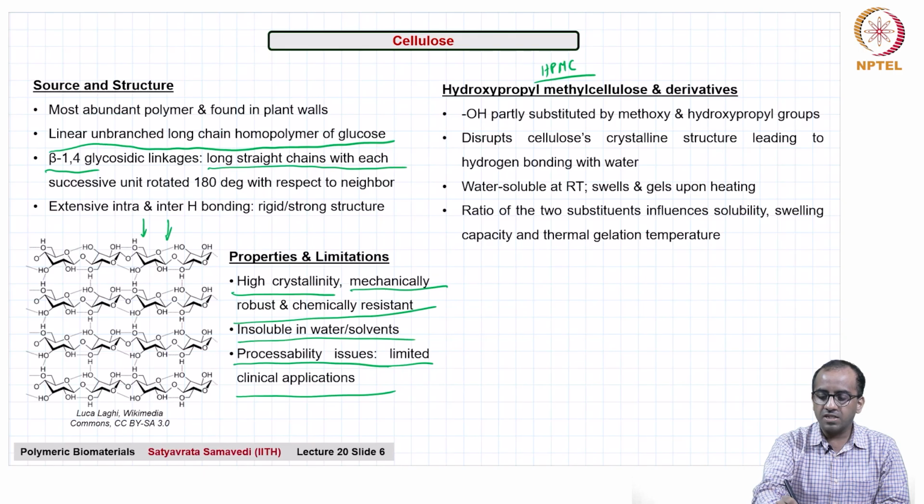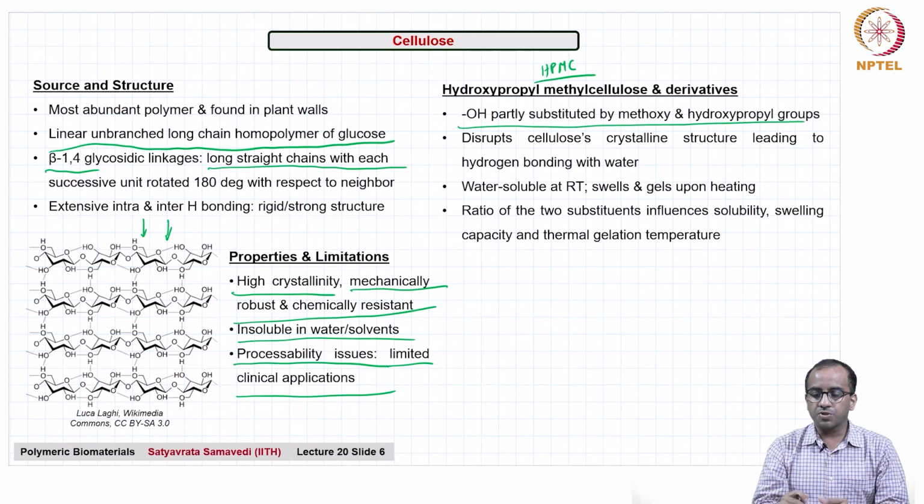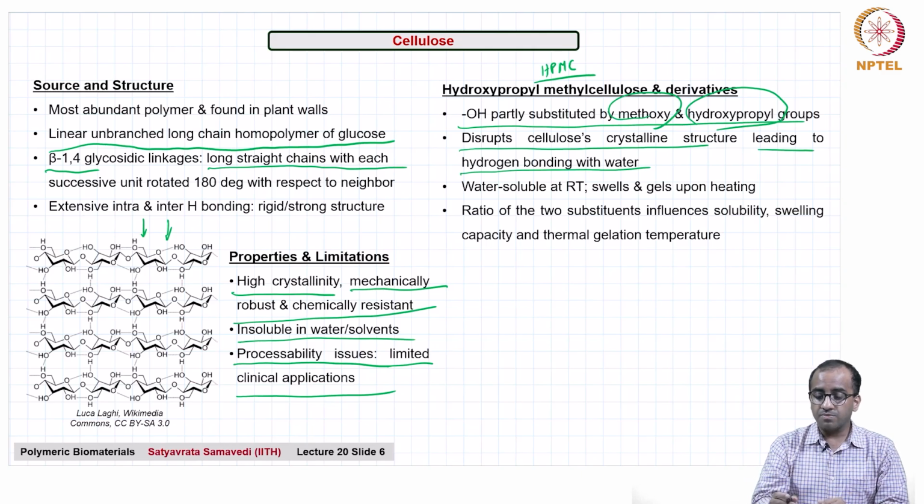Here in HPMC, the OH hydroxyl groups are partly substituted either by methoxy or hydroxypropyl groups, which disrupts cellulose's crystalline structure, not unlike Teflon FEP, where the perfluoromethyl group substituents disrupt the repeating regular structure of PTFE, and here it leads to extensive hydrogen bonding with water, which also makes HPMC water soluble at room temperature.